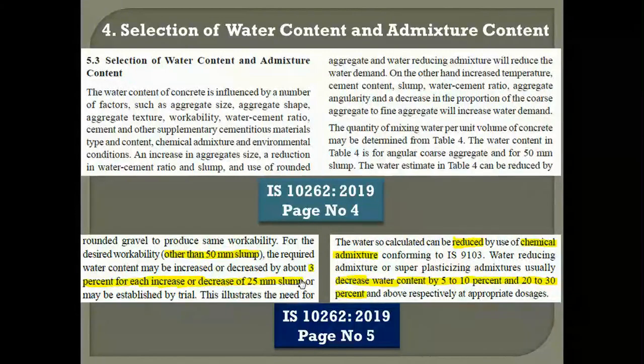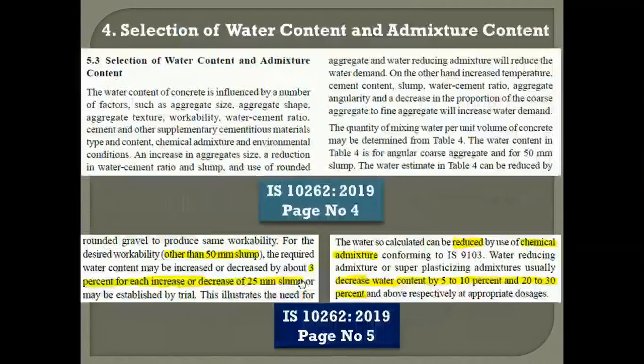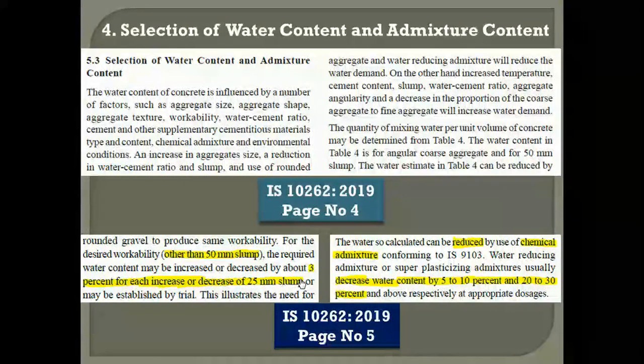Now they have given a table. You can see the table. In Table number 4, for maximum sizes 10, 20, 40, they have given certain water content values. These values are given for 50 slump. For every 25 increase or decrease in slump, we have to increase or decrease the water content by 3%.